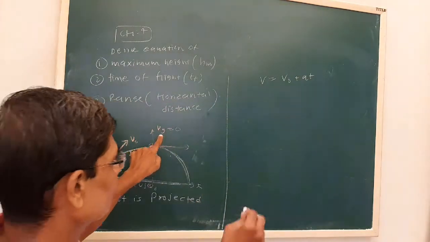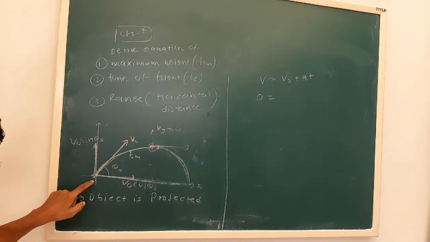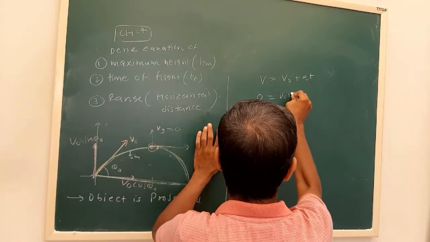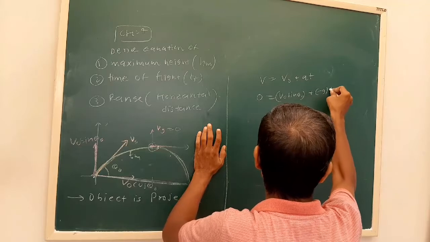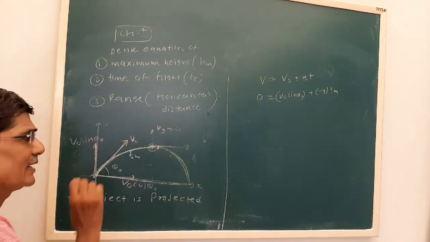The y component of the velocity here is 0, the initial value of the y component is v0 sin theta, acceleration is minus g and time is Tm, the time to reach the maximum height.